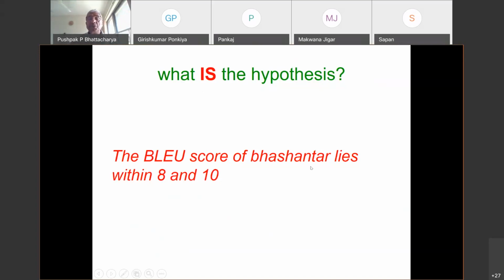The blue score of Bhashantar lies within 8 and 10. This is the hypothesis, and we'll call this hypothesis the null hypothesis. I have slides showing the definition of null hypothesis, and so on. So this is the hypothesis I have in front of me: the blue score of the Bhashantar lies within 8 and 10.